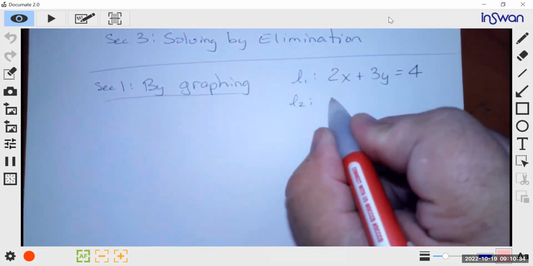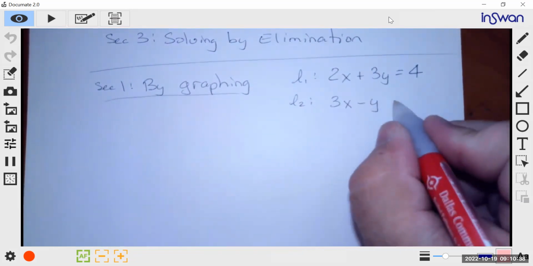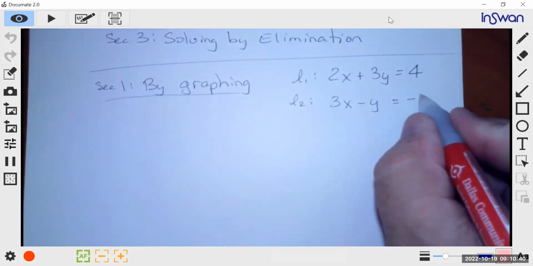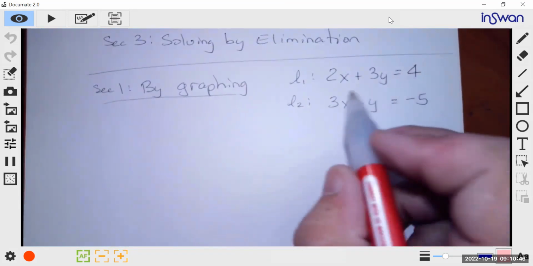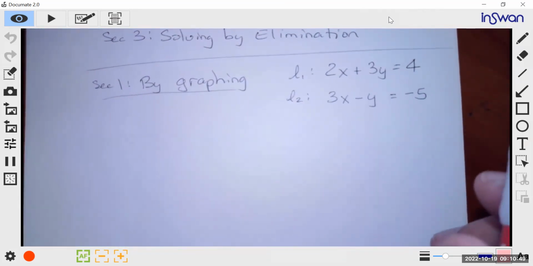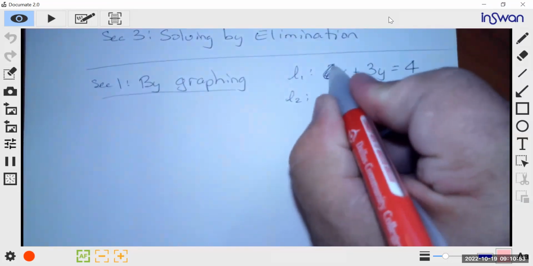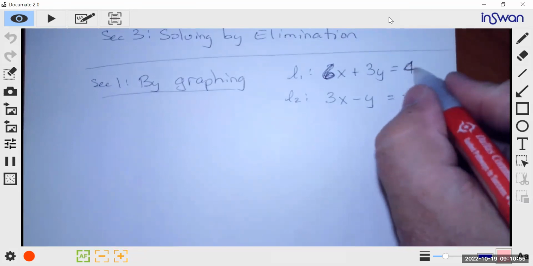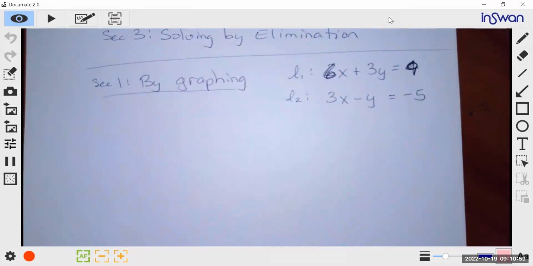Line 2 is, for simplicity purposes, hold on here. Let's make this a 6x and make this a 9. Because I don't want to give you fractions just yet.